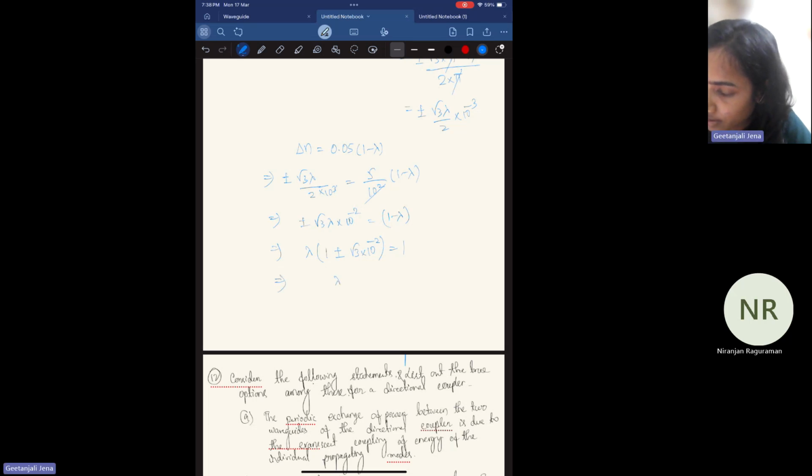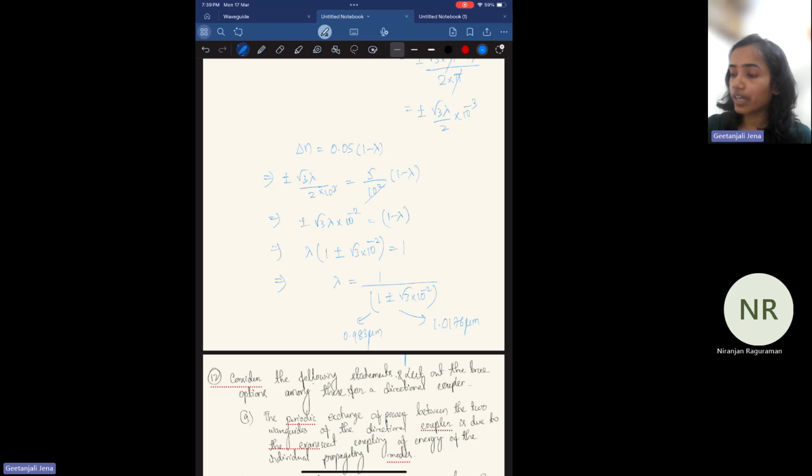So that means lambda now is 1 by (1 plus or minus root 3 times 10 to the minus 2). So from here we will get two values of lambda. The plus value will give 0.983 micrometer and the minus value will give 1.0176 micrometer.